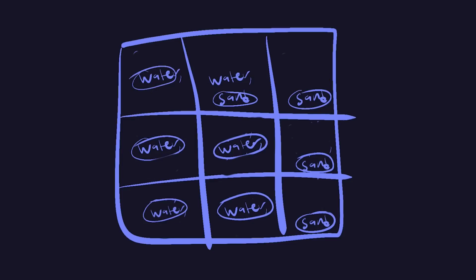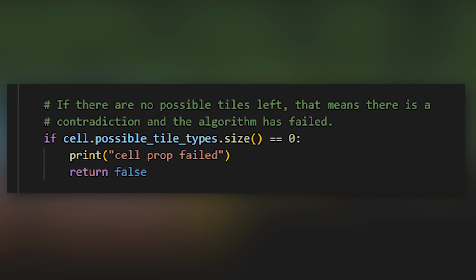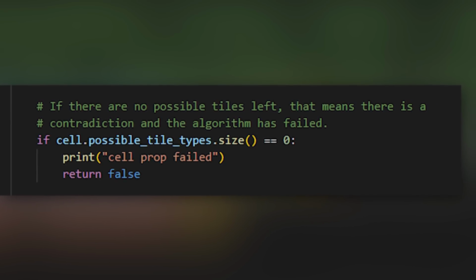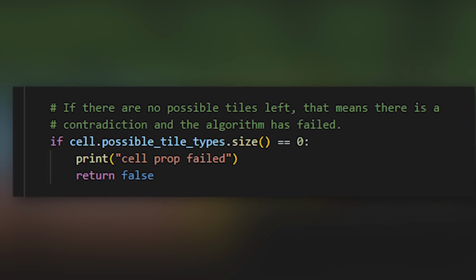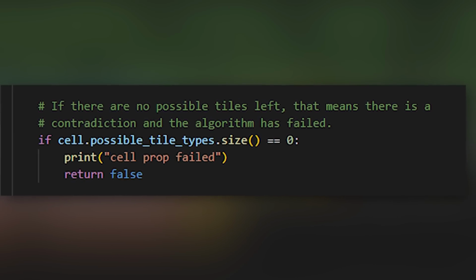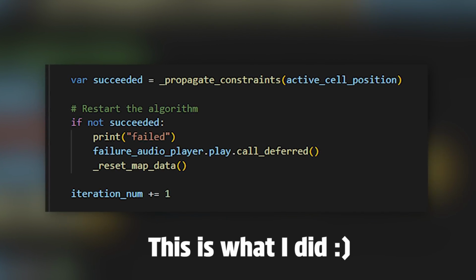And then we have to keep doing that until all the cells in the grid are collapsed. However, the algorithm can sometimes hit a contradiction where there are no possible tiles that fit into a particular cell following the original input rules. And in that case, you can either do backtracking or you can just reset things entirely and start over.